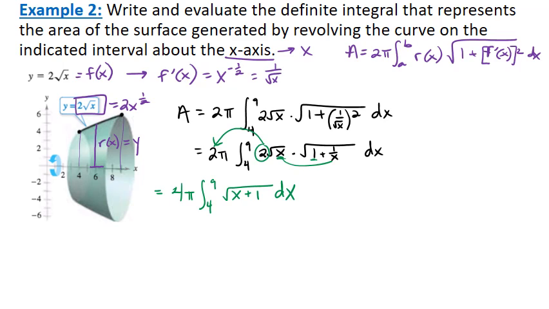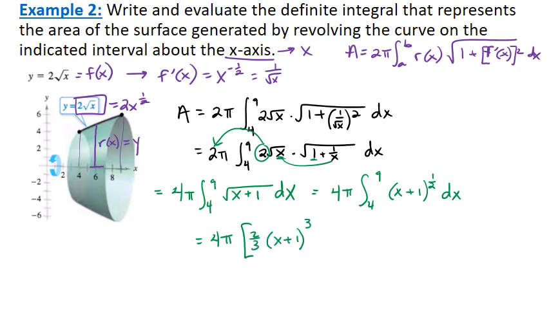You might want to think of this as the quantity x plus 1 to the 1/2 power. And when you integrate that, remember you add 1 to the exponent, and you end up getting the following. It will be 2/3 times the quantity x plus 1 to the 3/2 power times 1, but that is no big deal, and you'll integrate from 4 to 9.